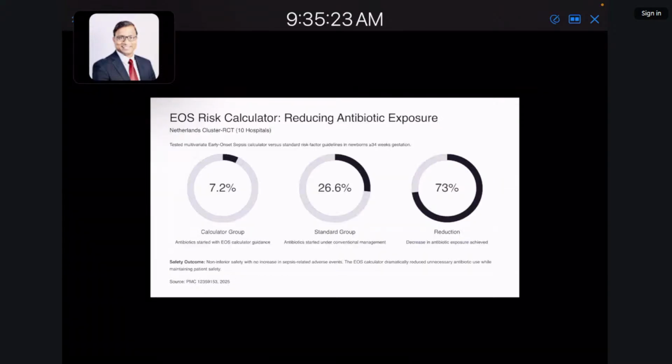Recently, we have also developed early onset sepsis risk calculators, and use of these calculators has dramatically reduced unnecessary antibiotic exposure in neonates by almost 73% in newborns of more than 34 weeks of gestation, preserving safety while minimizing antibiotic use.